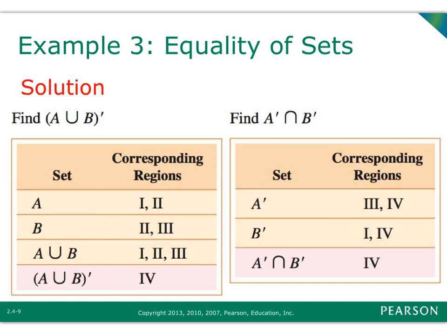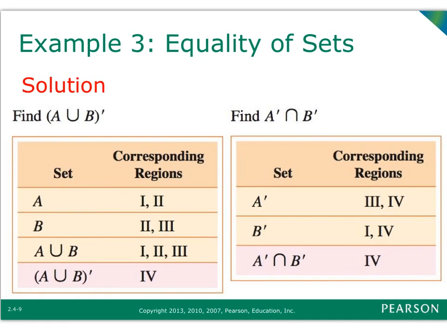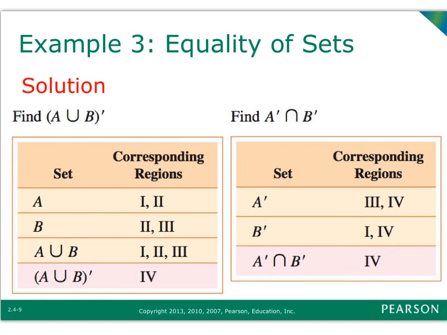Now we say, okay, let's find A union B. In this case, A union B is really made up of all of regions 1, 2, and 3, right? Everybody can see that that is absolutely true. So in this case, the union is this.